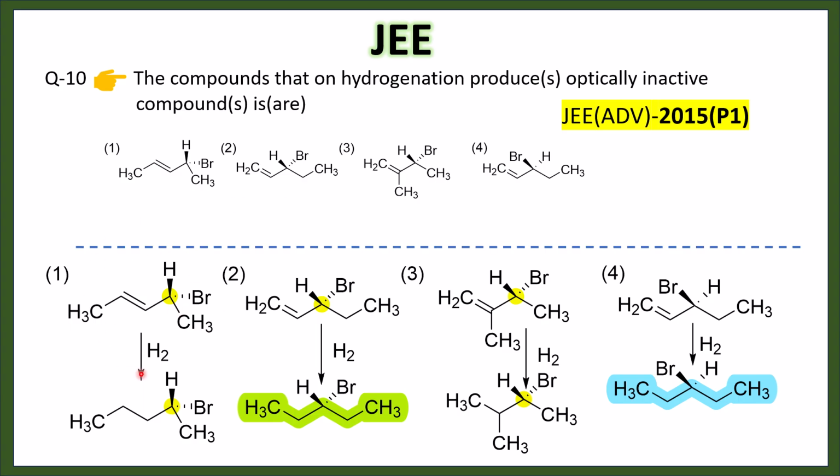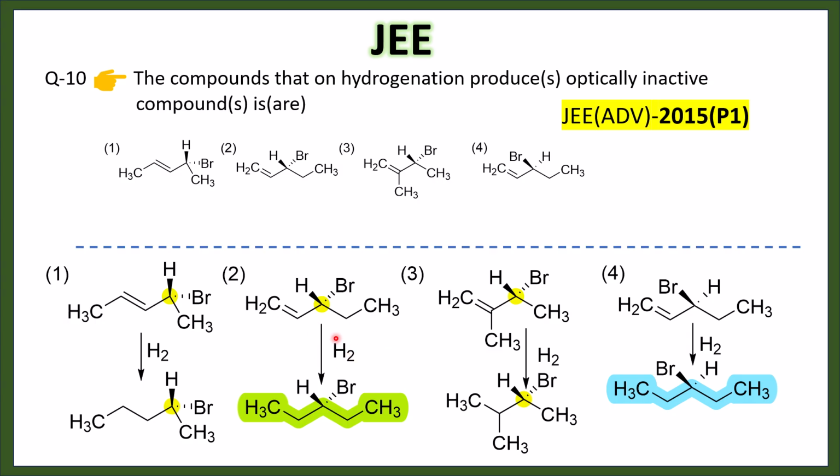This one after hydrogenation gives this; here the double bond becomes a single bond, but this center remains an optically active center. This was optically active because this carbon contains 4 different groups, so it is chiral in nature.